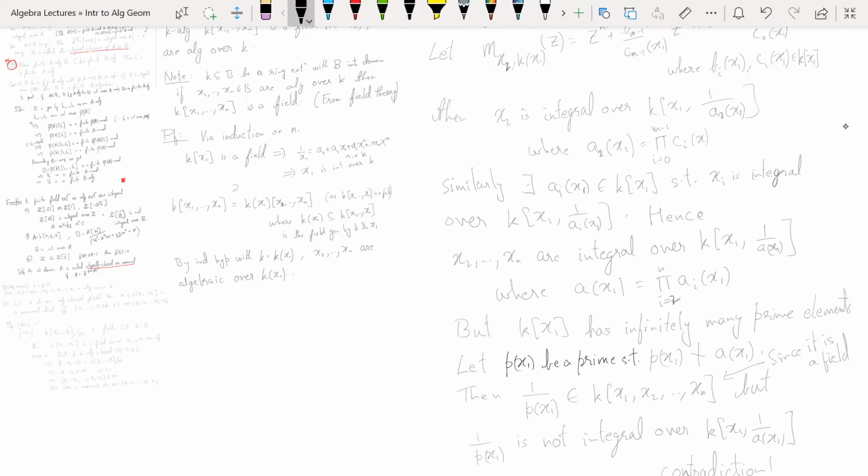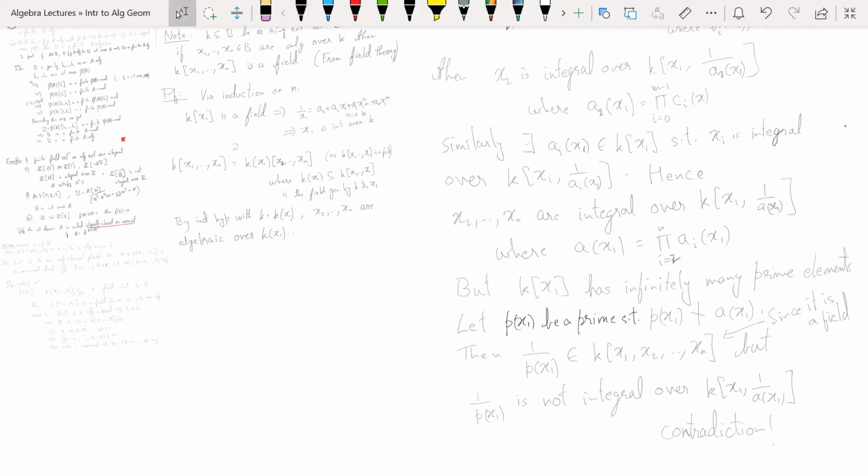But 1 over px1 is not integral over this. Because, as I said, inverting something is sort of far away from being integral. So 1 over px1 is not integral over this, which is a contradiction.